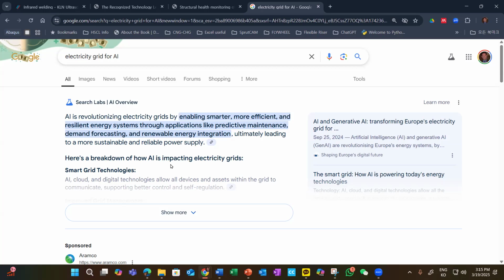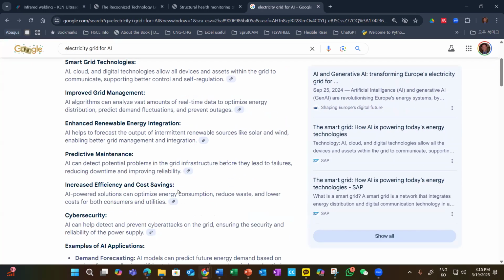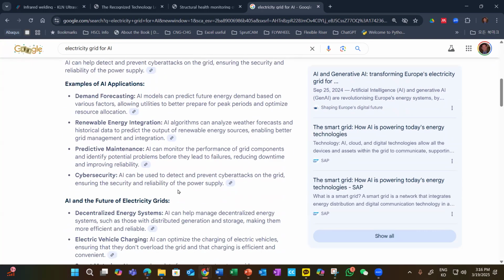When we search using AI, it requires a huge amount of energy. More energy is needed for the age of AI, and so the importance of a grid becomes much more important than ever.